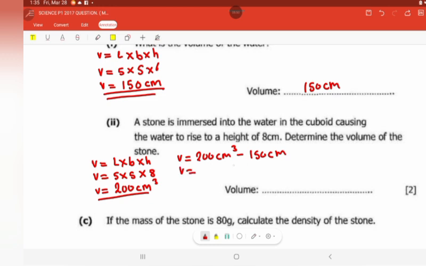When you subtract there, it's going to give you 50 centimeter cubed. So this is the answer. You can just write it there, 50 centimeter cubed.